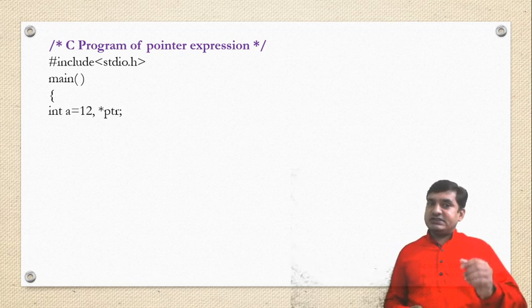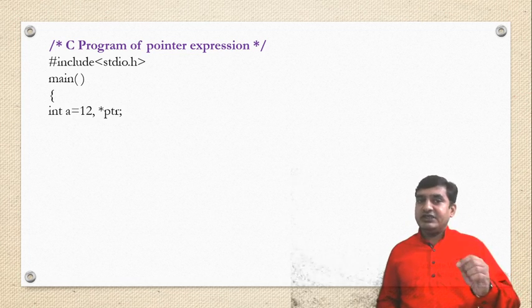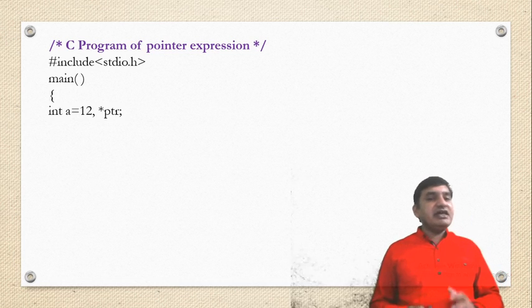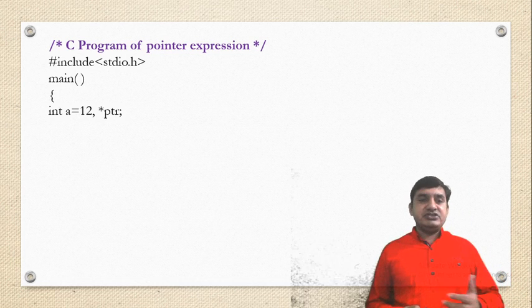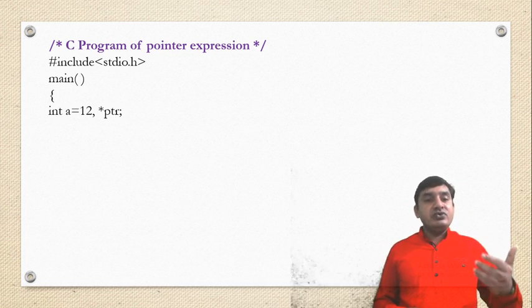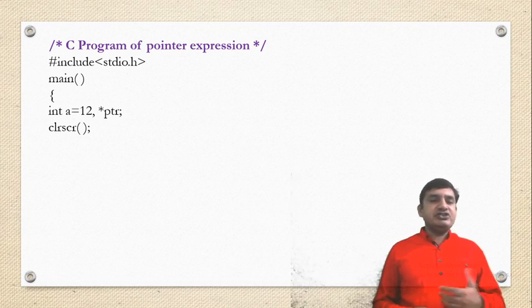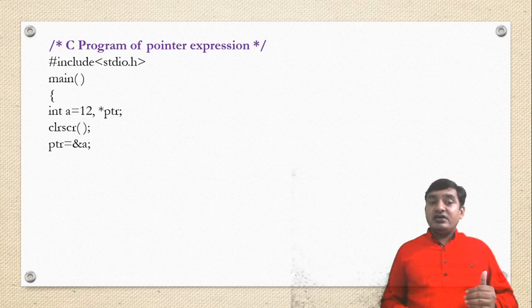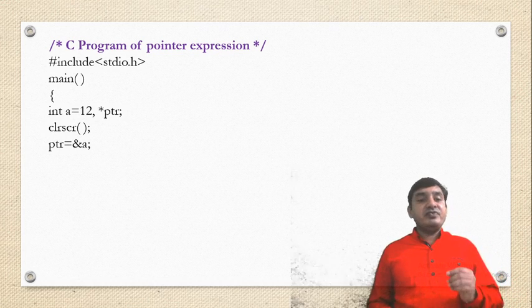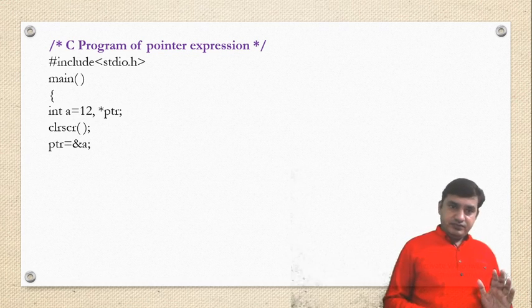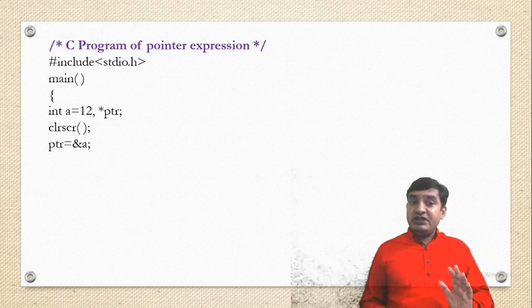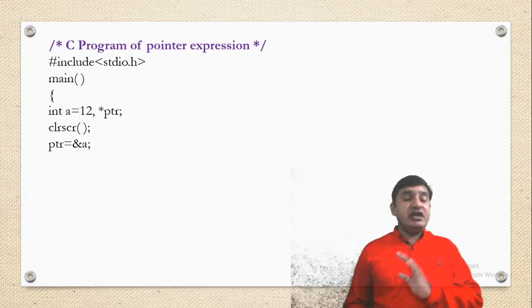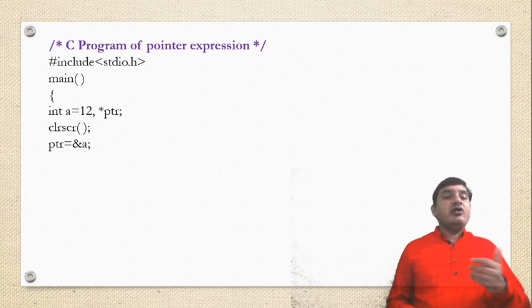It is an integer, so the data type is integer, and a is equal to 12. clrscr is used to clear the previous output. Now pointer is equal to address of a. We use the address operator.